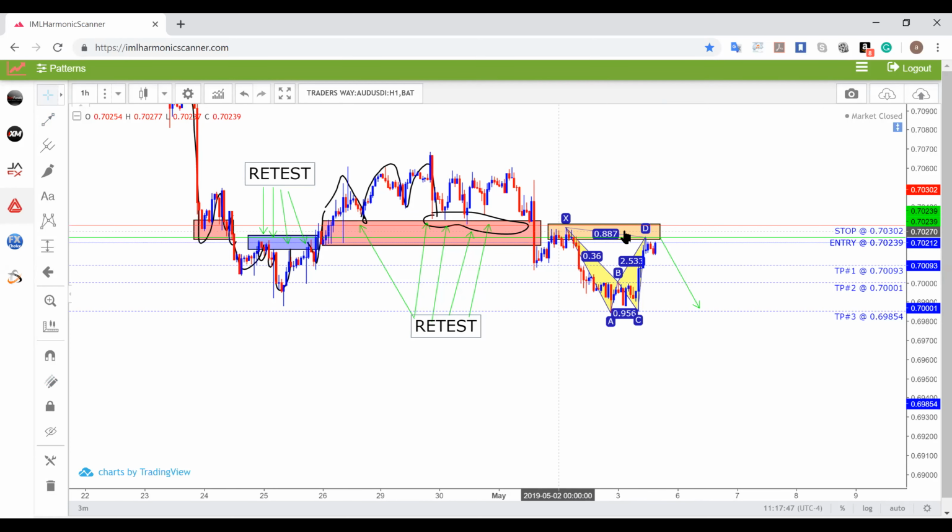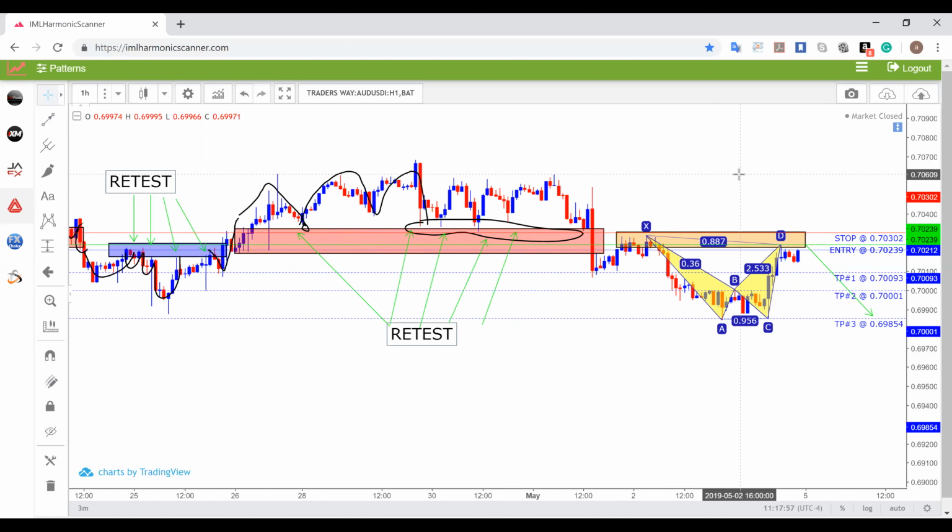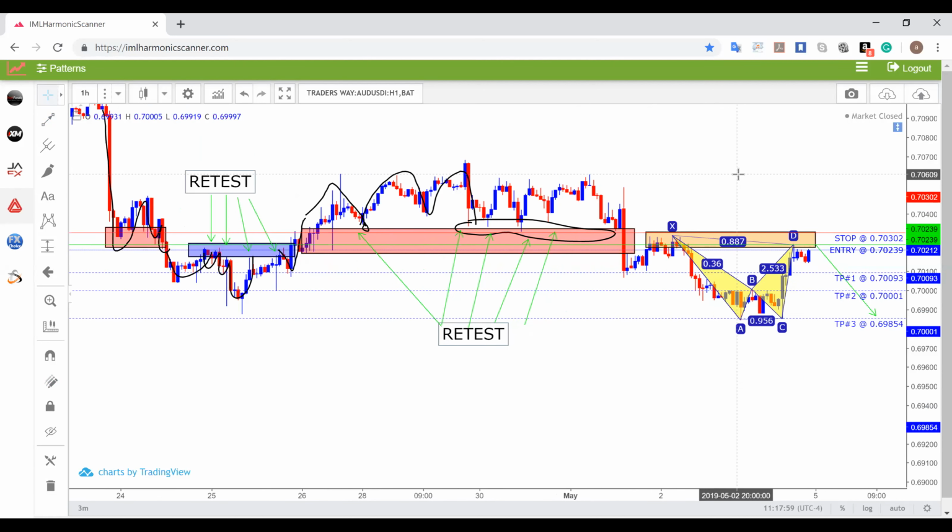So now that we know this is resistance, do we have the pullback? Do we have the retest? Would you guys say that you're seeing a pullback or a retest? Let me know if you could say that yes, we have it, or no, we don't have it.